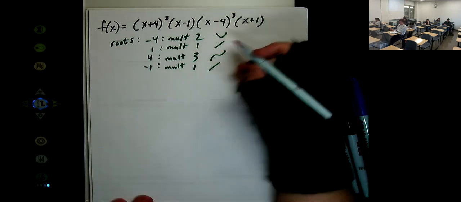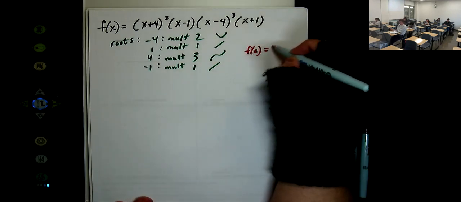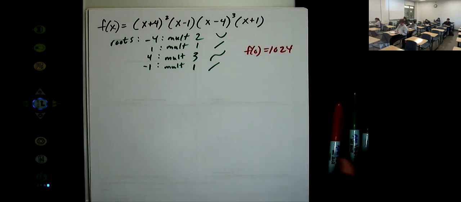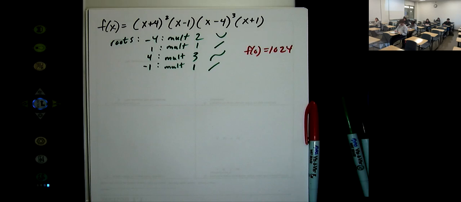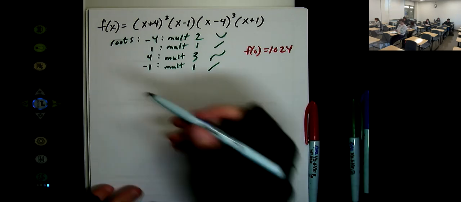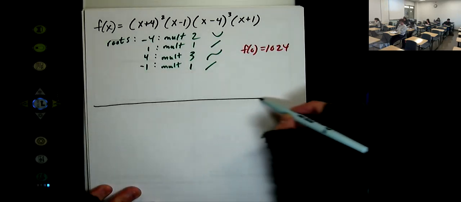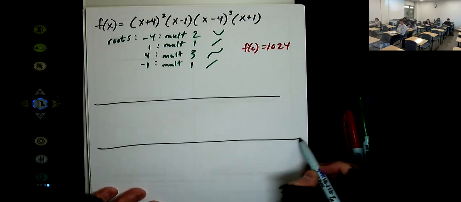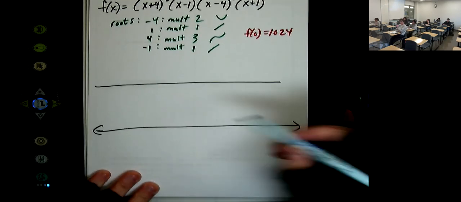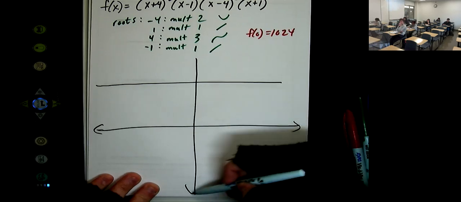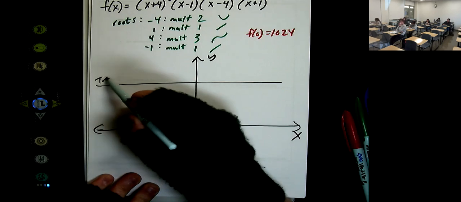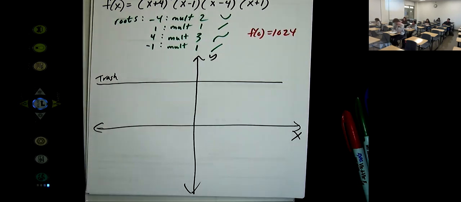F of 0 is 1024, right? I'm not giving myself a lot of room. Let's put it down here. That's my x-axis. That's my y-axis. This is my trash line.